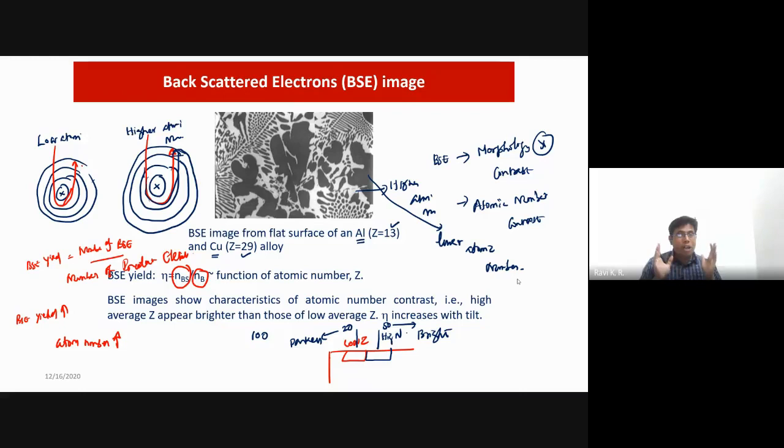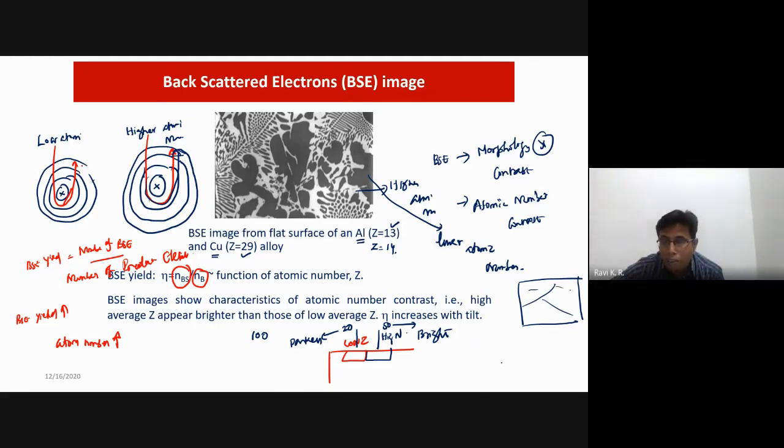The contrast is not because of the surface morphology. Suppose you have a sample with Z of 13 and you take another sample with Z of 14. If you take a backscattered image, it will be the same contrast. You may not see anything, you will have everything black.